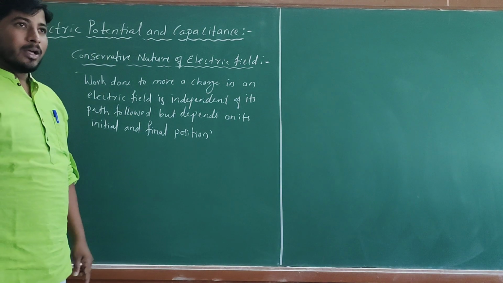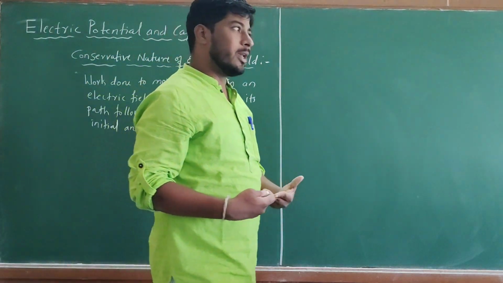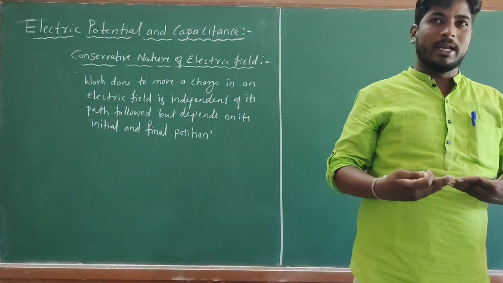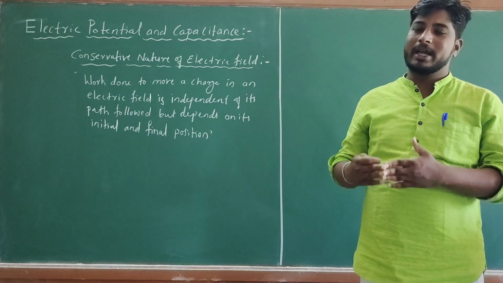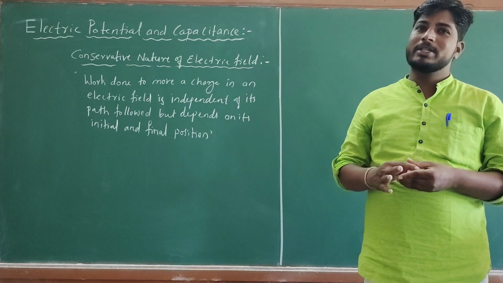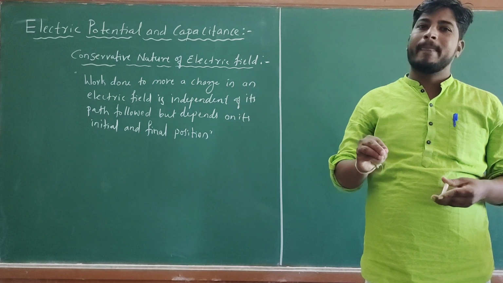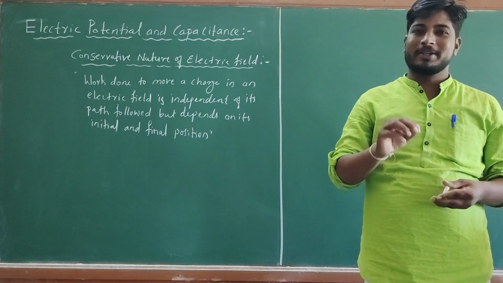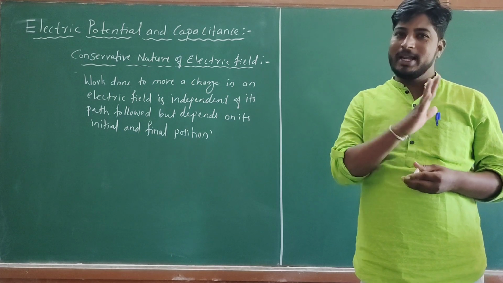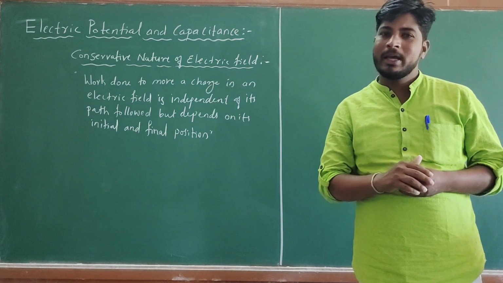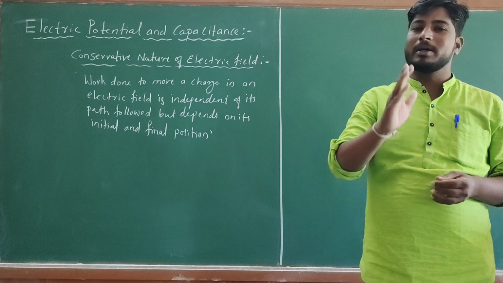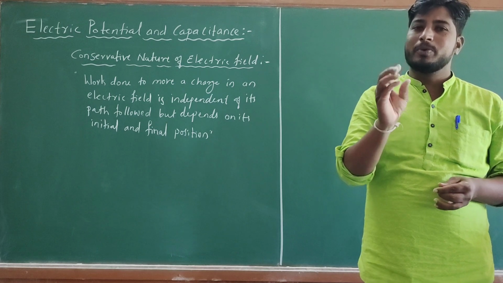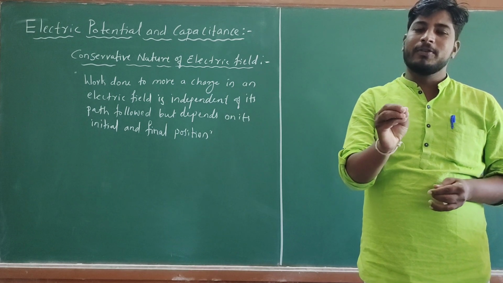To define the electric potential, once again I will recall the first year chapter number 8, gravitation. In that gravitation we talk about the potential energy. Potential energy is the energy possessed by the body by virtue of its position or configuration.